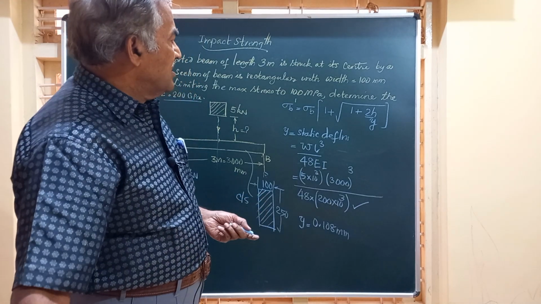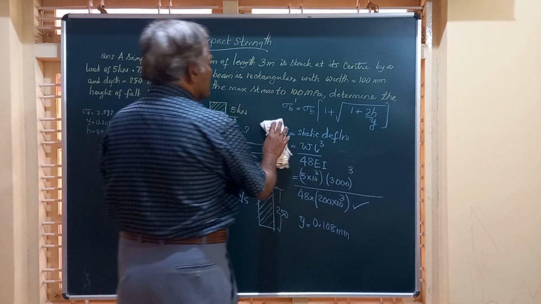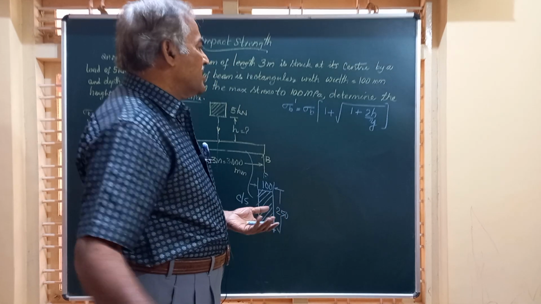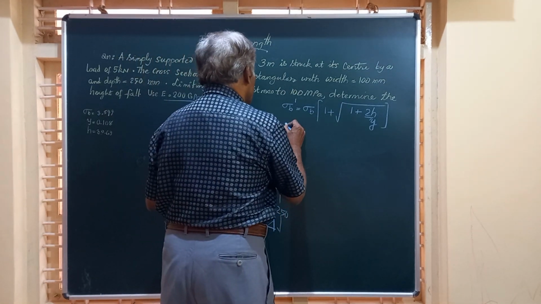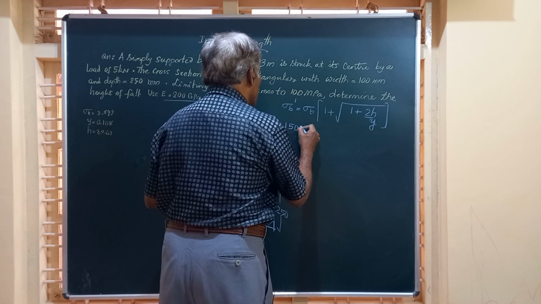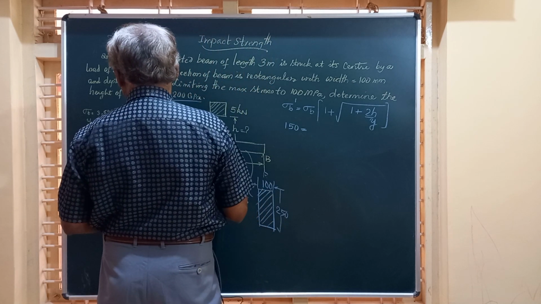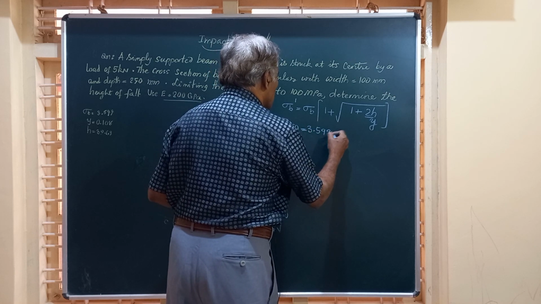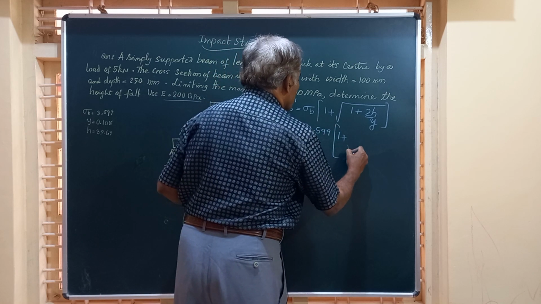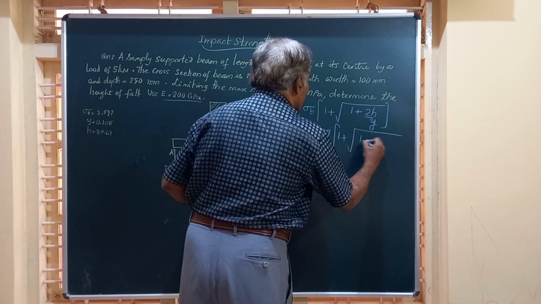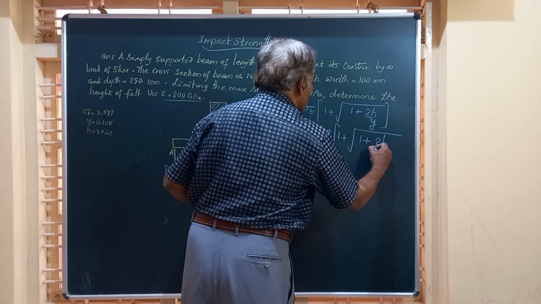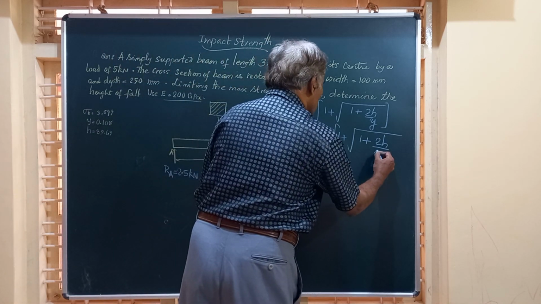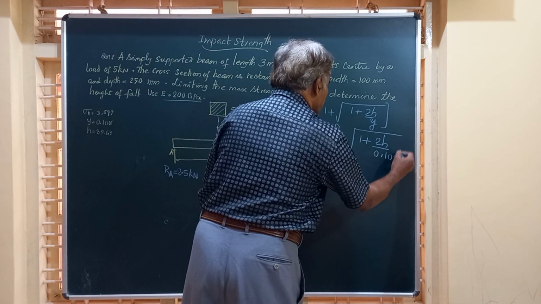Friends, we know all these values, and we should be able to find out the value of H. Sigma B dash is 150, given in the question. Sigma B is 3.599, into the bracket 1 plus square root of 1 plus 2 times h, the unknown, over y, where the value of y we have got as 0.108.